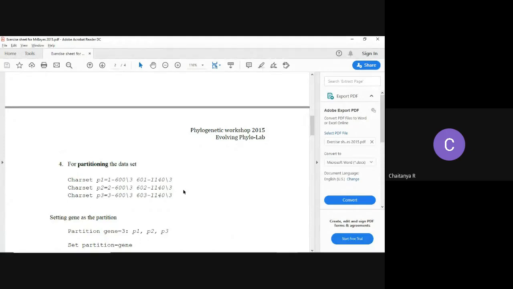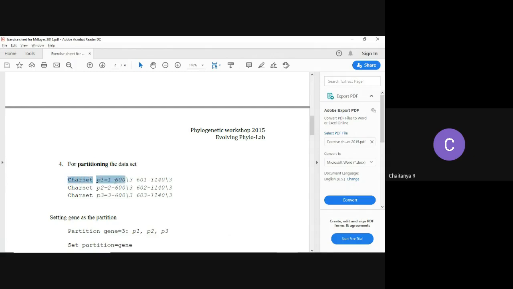Just like we did for RAxML, we can divide our data into partitions and assign separate models for each partition. It's the same idea as RAxML, but a character-based interface as opposed to RAxML, which is a GUI, right?